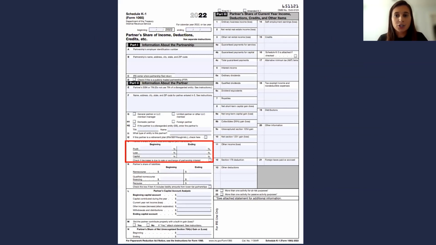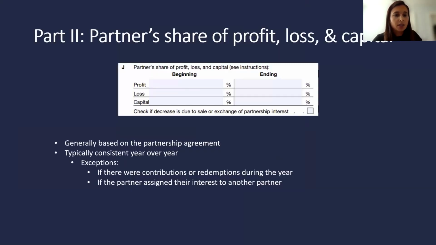Okay, the next section, still confined to part 2, is the partner's share of profit, loss, and capital. It's in the red box there. I'm going to zoom in. So this section is generally based on what is in the partnership agreement. So you would go to the section that says how much of the entity the manager owns.